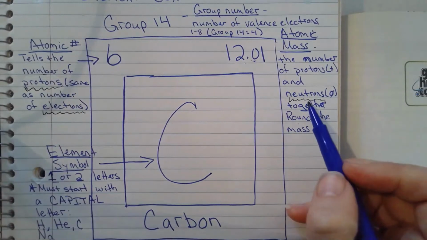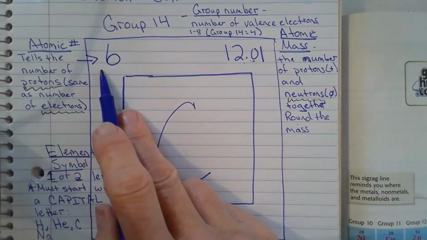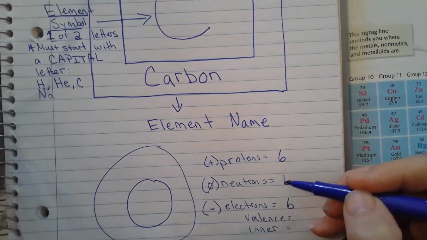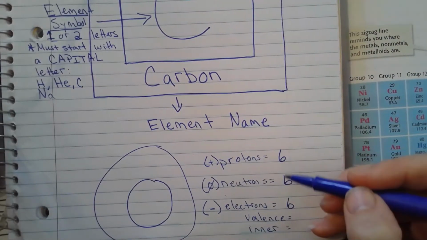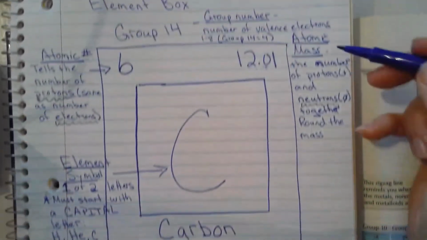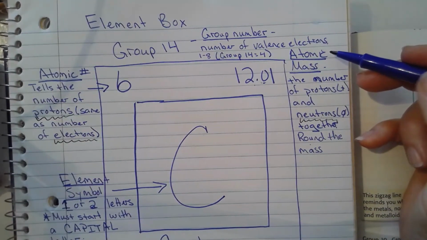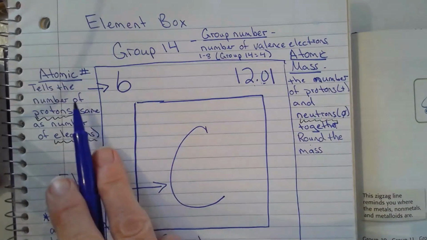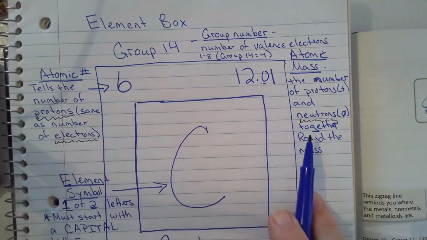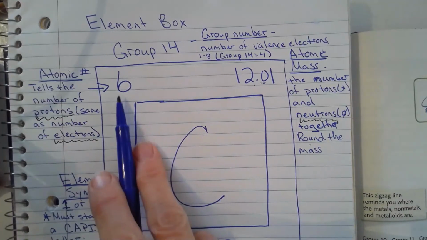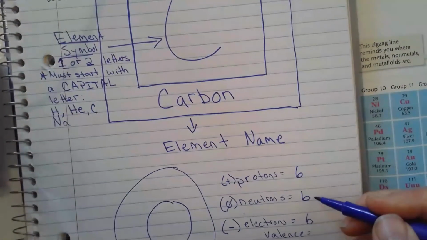I subtract my protons, which is 6, so I would have 6 neutrons. So 12, take away 6, gives me 6.